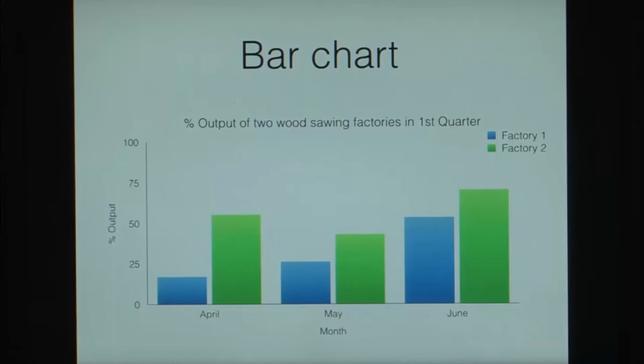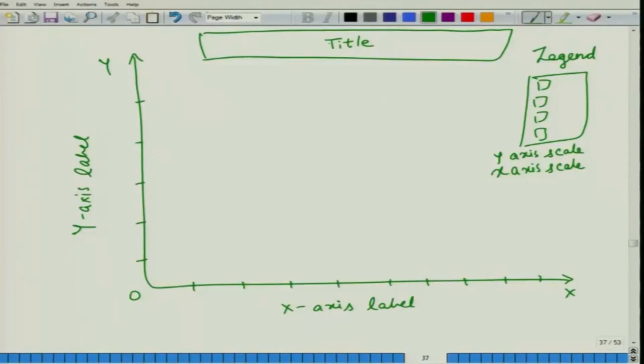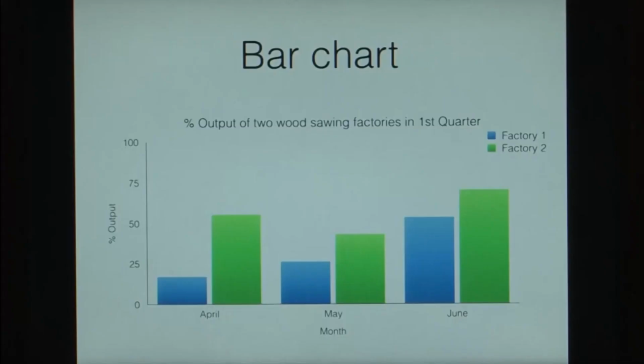Now, going back to our bar chart, we can see that in the first quarter, that is the months of April, May and June, we have two factories, as seen in the legend on the top right. Factory 1 is represented in blue color, factory 2 is represented in green color.